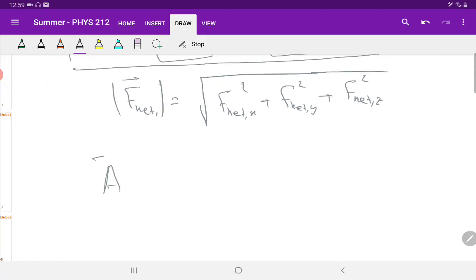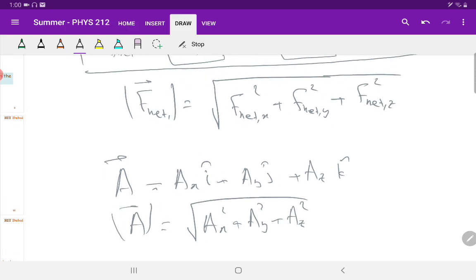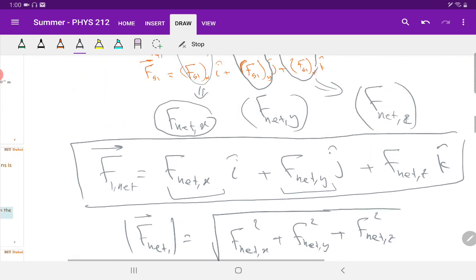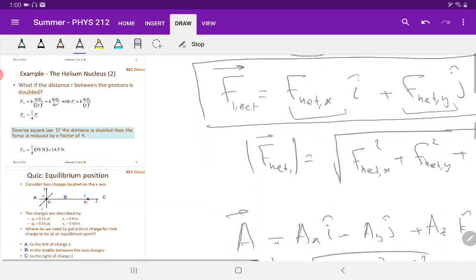If I have a vector A, which has AX i hat plus AY j hat plus AZ k hat, I can find the magnitude of that, as you remember, as the square root of AX square plus AY square plus AZ square. This is something we should be familiar with. That's what we did in this case.